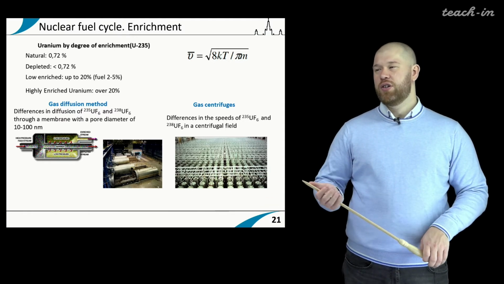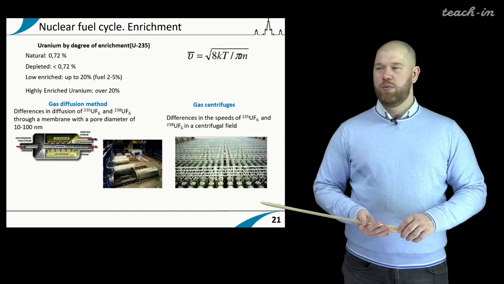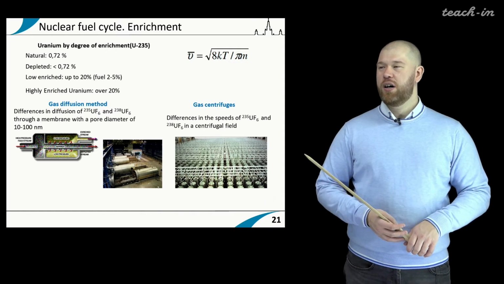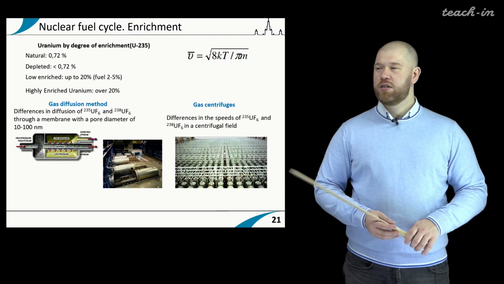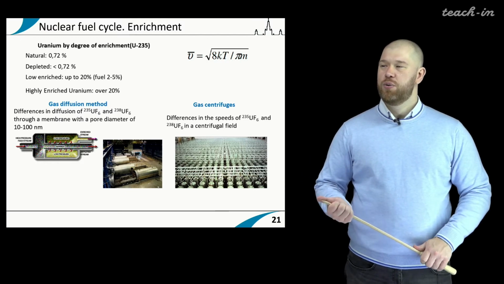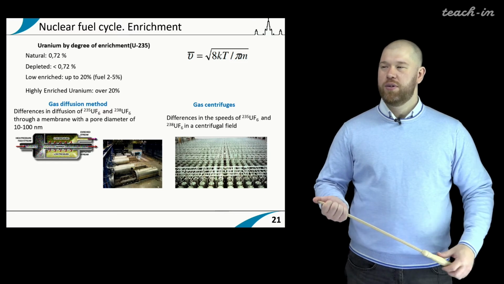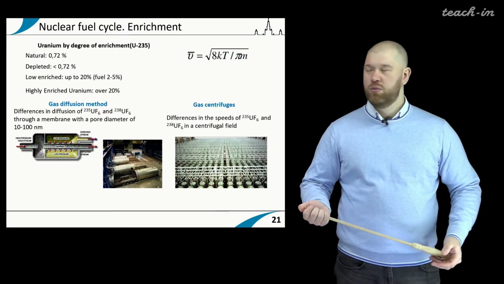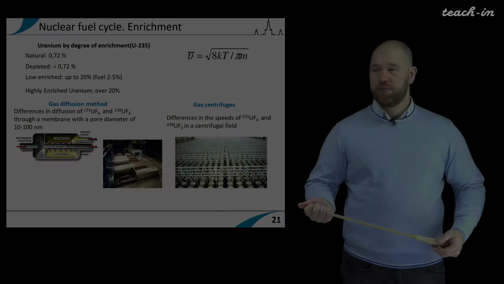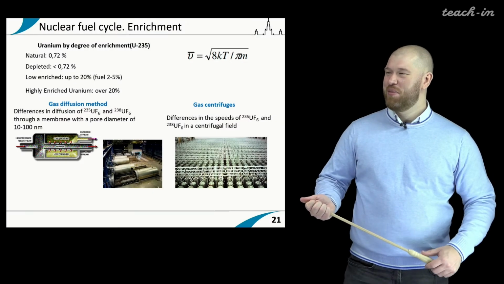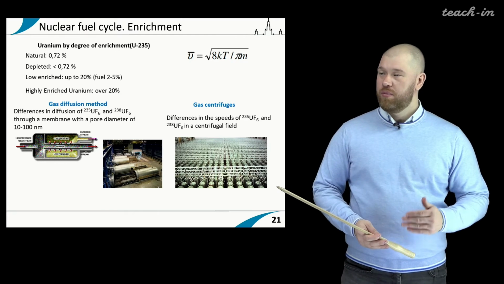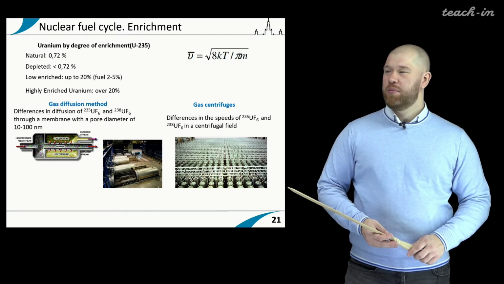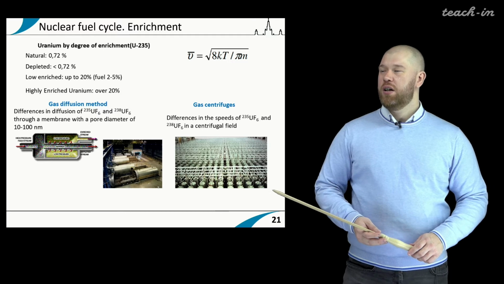In the Russian Federation, we used small centrifuges, like half a meter, and in the USA they used 3-meter-tall centrifuges. All of them have their own drawbacks and positive points, and it doesn't matter for the moment.